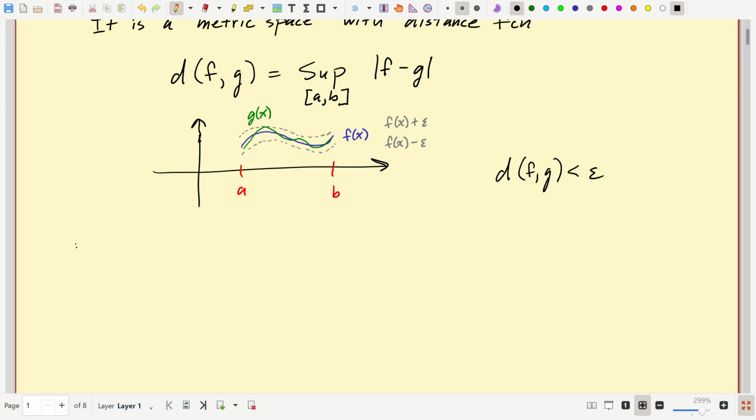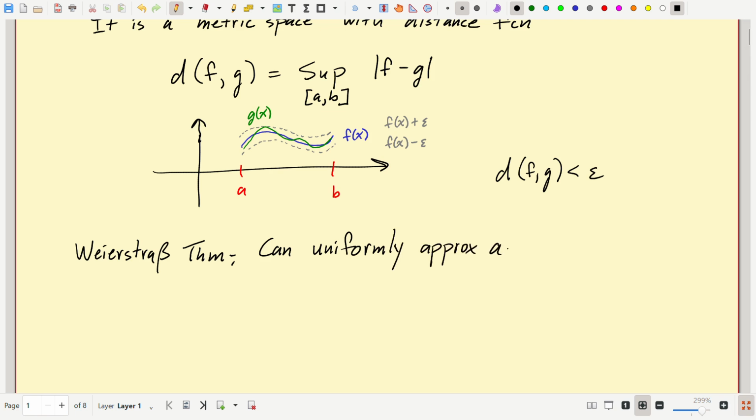The Weierstrass theorem about polynomials being dense means you can uniformly approximate a continuous function by a polynomial on a closed interval [a,b].